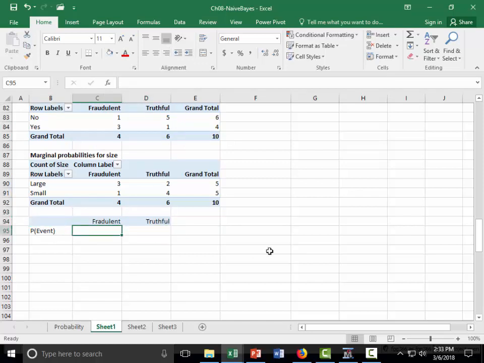Okay, so that would be probability of F and probability of T. Then you have size equal to large and size equal to small.